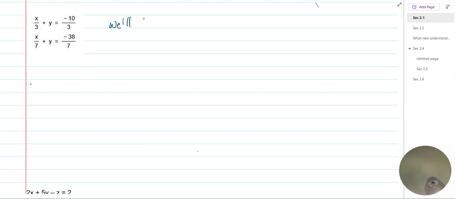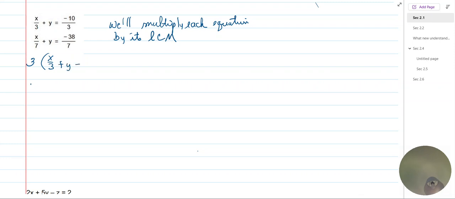We're going to multiply each equation by its LCM. It's common multiple. Well, in order to get rid of a denominator, you just multiply by it. So we're going to multiply line 1 by 3 to remove all of the denominators.